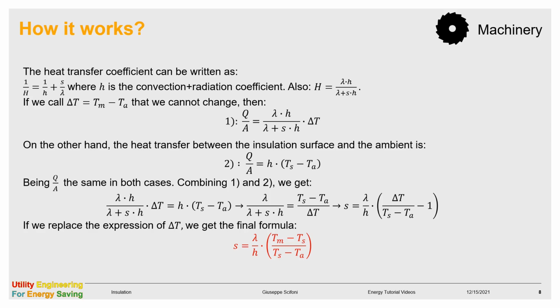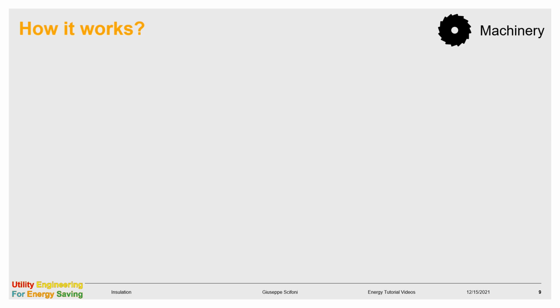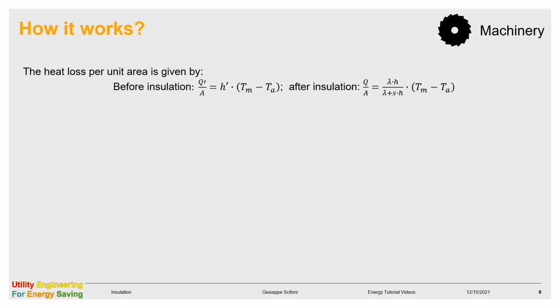temperature Ts. The heat loss before and after the insulation we can calculate by using the same formula, just with different values of the heat transfer coefficient. In the first case, using the convection and radiation coefficient small h prime, and with insulation using the more complex expression taking into consideration the sequence between the convection and the conduction, where small h is different because the surface temperature is different.